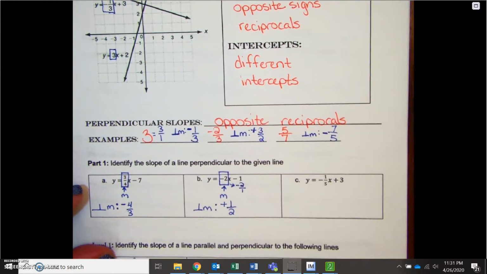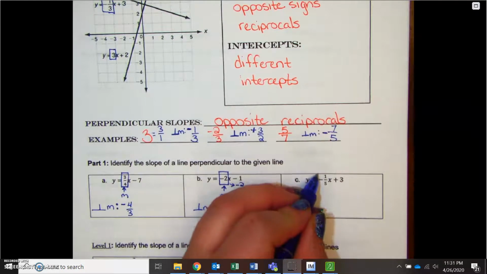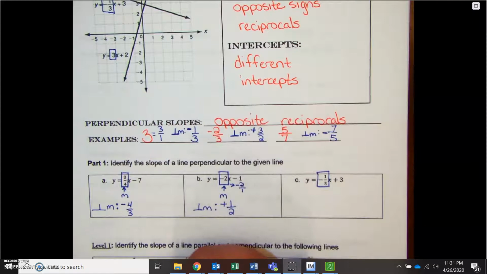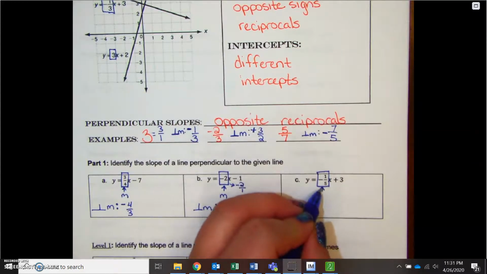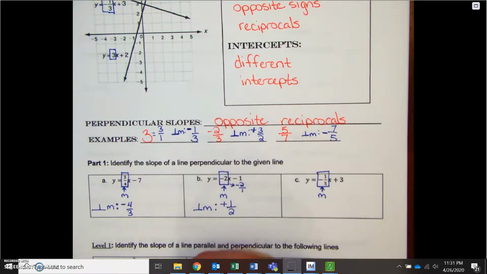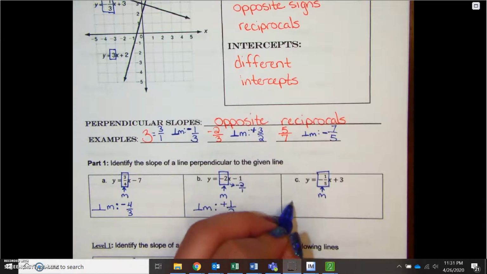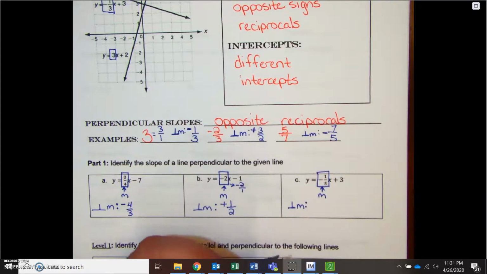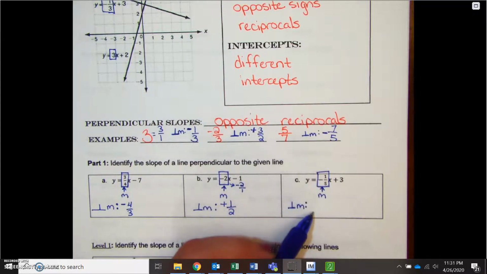Let's do one more before we practice finding both parallel and perpendicular of the same equation. So slope-intercept form already. So here's my slope, the number in front of the x. So my perpendicular slope, there's my upside down t, that means perpendicular. It was negative, so I know it's going to be positive.